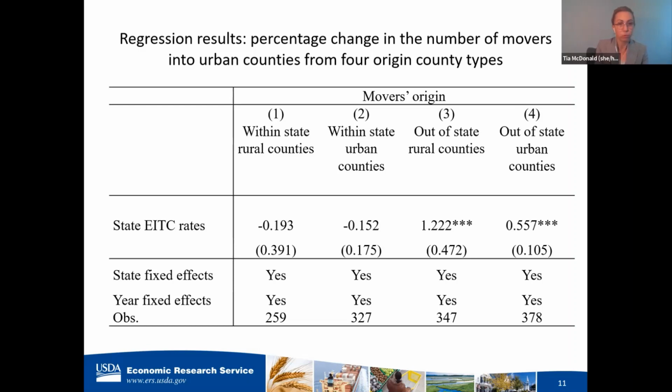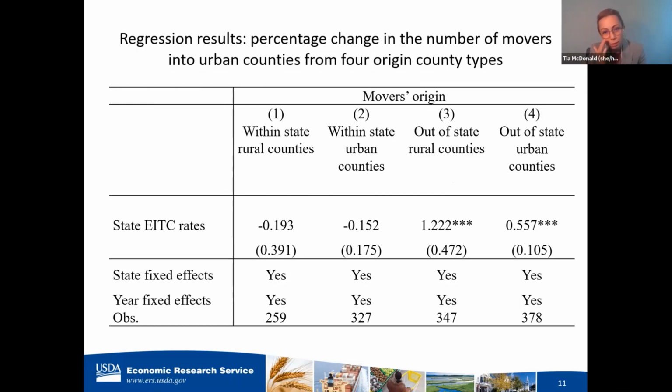The results are presented in this table. You can see the results are presented by the mover's origin, so whether they come from within a state, urban or rural, out of a state, urban and rural. And you might wonder why we included these within-state movers. This is in some sense to provide a control.